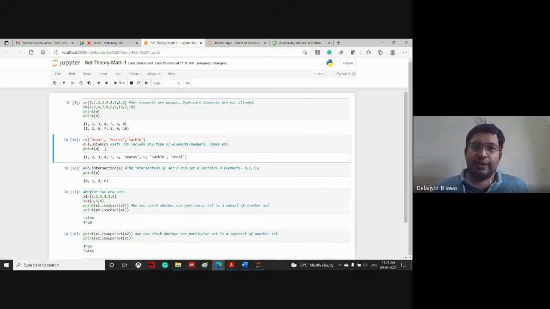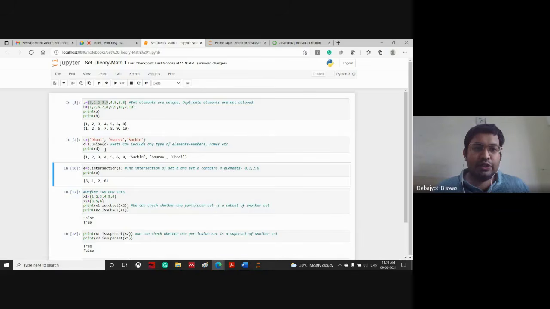Now a set can also contain any type of elements, as we have seen. As you can see, there are 3 names written here: Dhoni, Saurabh, and Sachin. We can combine these two sets. Like the first set A and this third set C, we can make a union of these two sets. If we run them, we can see that Sachin, Saurabh, Dhoni is a combination, the union of these two sets.